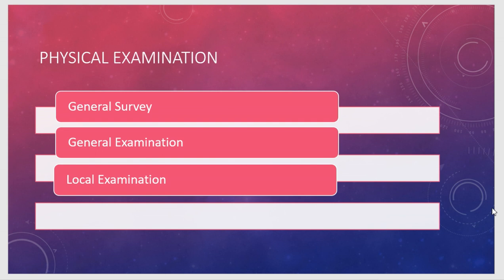This physical examination part has three broad groups. The first one is general survey of the patient, followed by general examination findings, and finally the local examination.